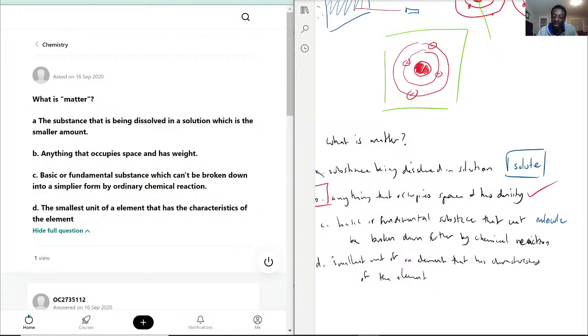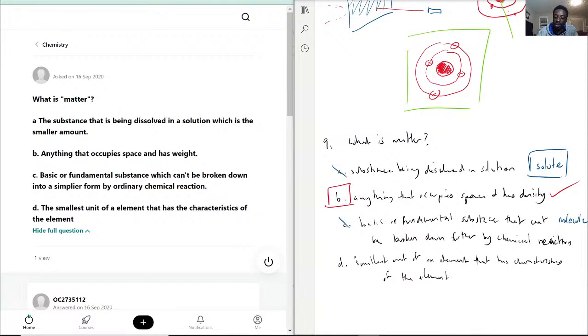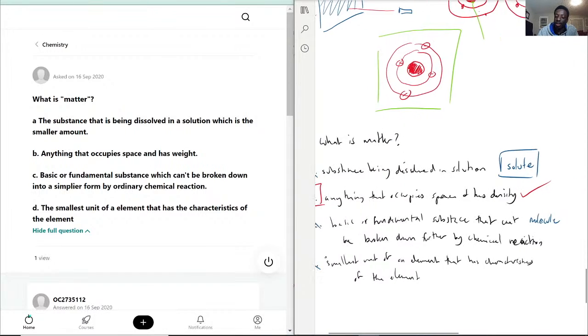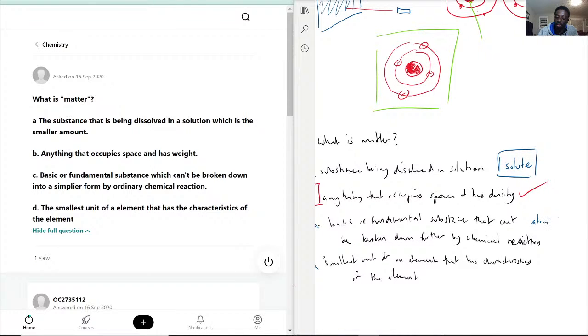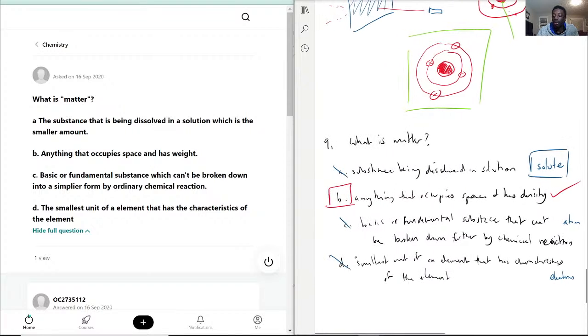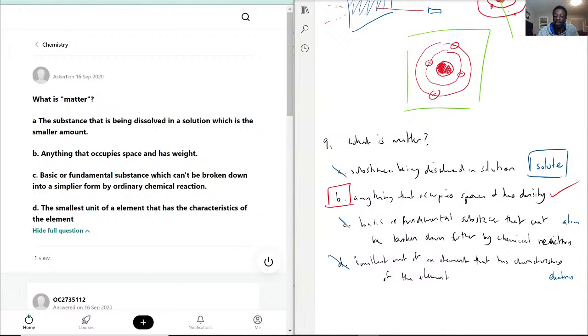And the smallest unit of an element that has the characteristics of the element would just be an atom. But the point is that those are not matter. The one that's matter would be anything that occupies space and has density. That's the key for matter.